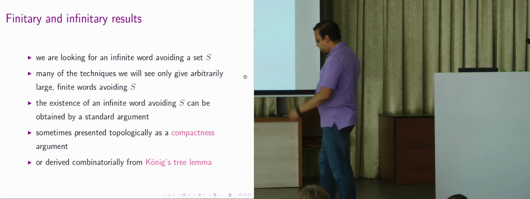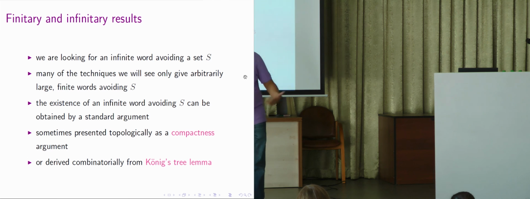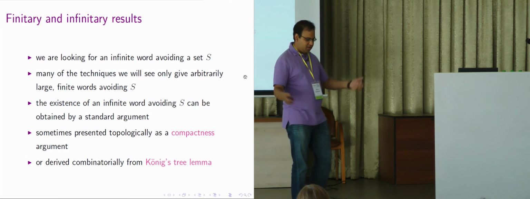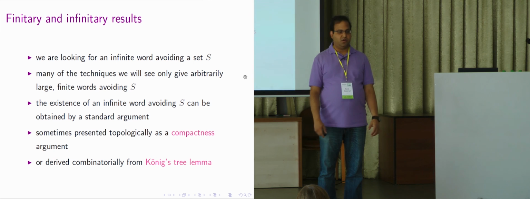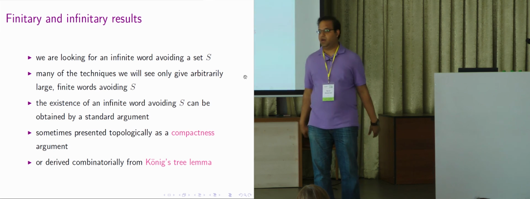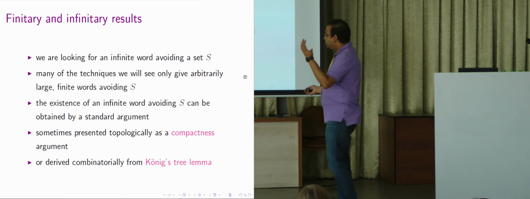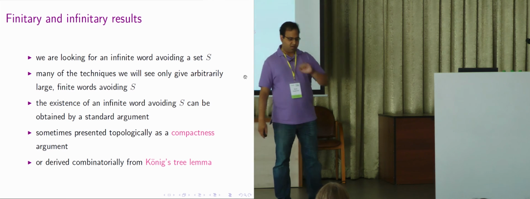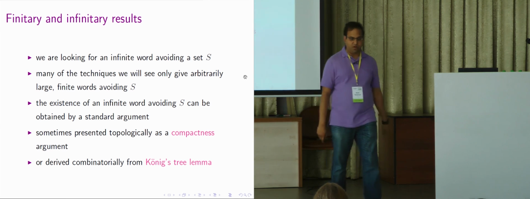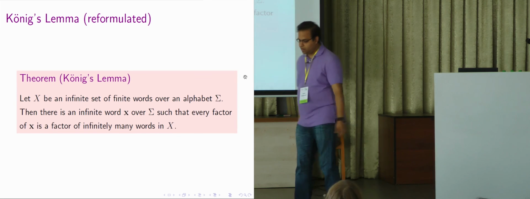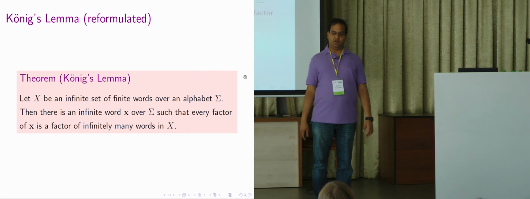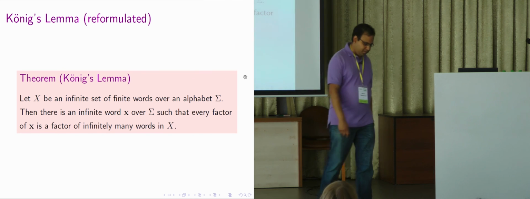With some of these probabilistic methods, it's maybe not so clear, because the result will simply say there exist arbitrarily large words that avoid whatever. But in fact, this can be deduced in a very standard way.